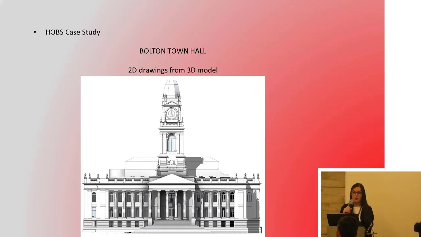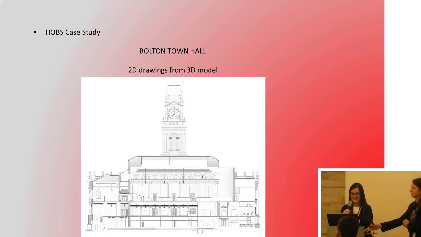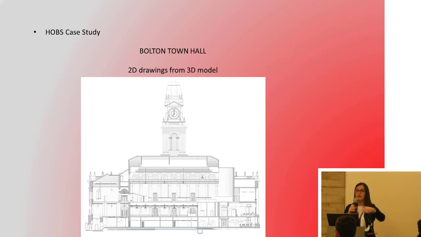As you can see, we can get, for instance, an elevation of the front in 2D drawings. A section, very accurate, with all the details and the door details. And as you can see, doors are already ad hoc families, made especially for this project.